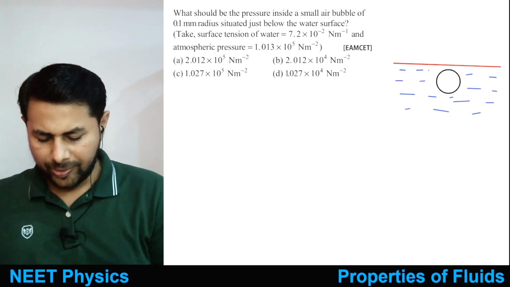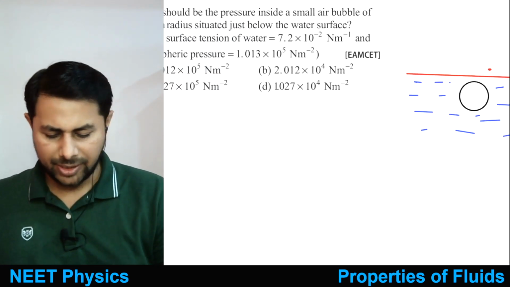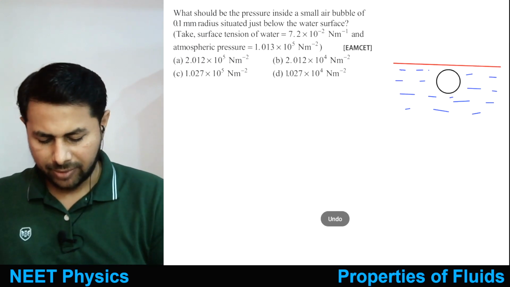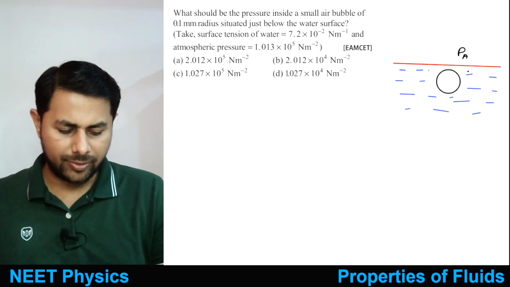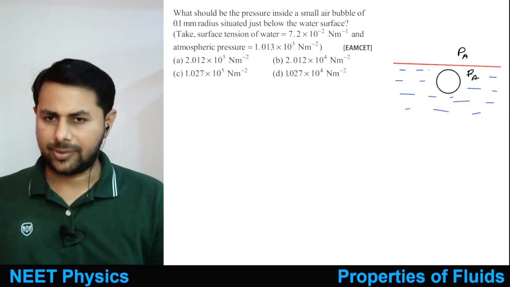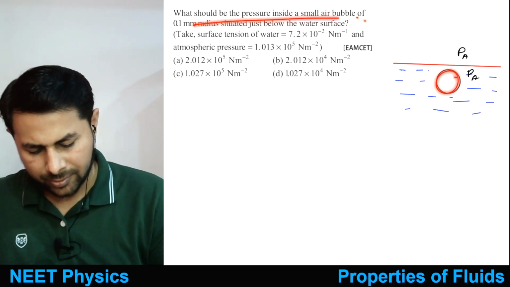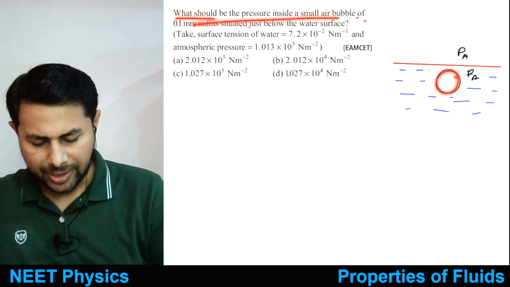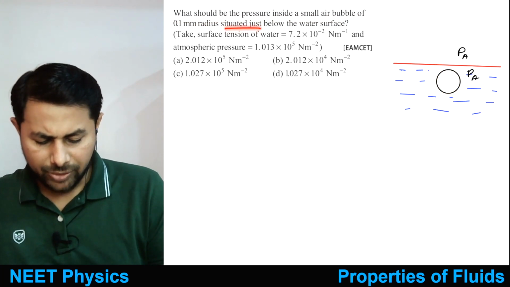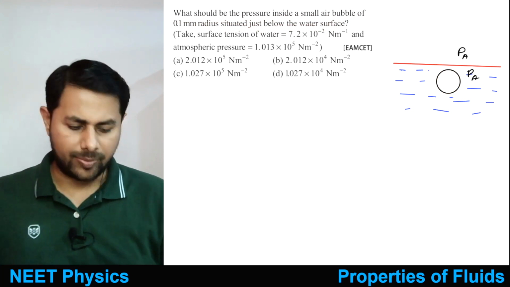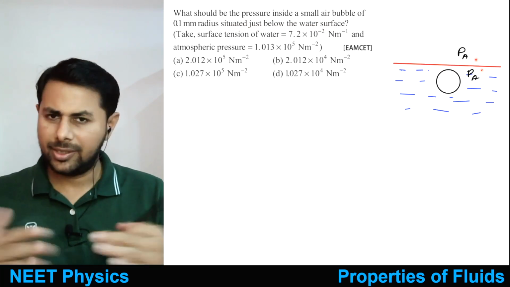And then what would be the pressure here? The pressure at this point on the surface is equal to the atmospheric pressure. The pressure just below that would also be equal to the atmospheric pressure, right? The bubble is just below the water surface, which means the pressure here and here would be equal.